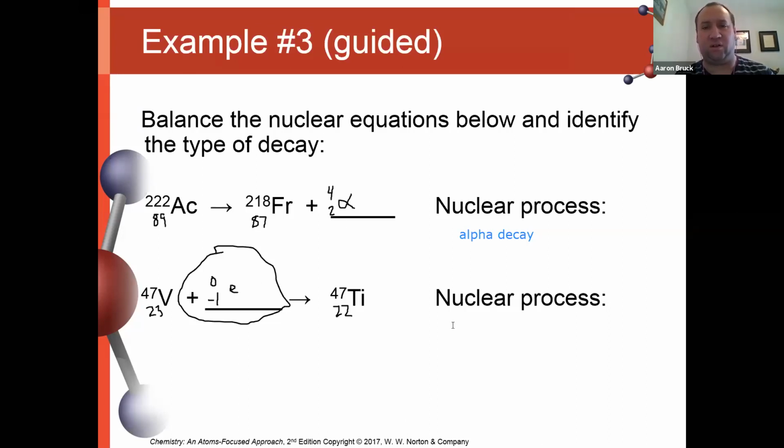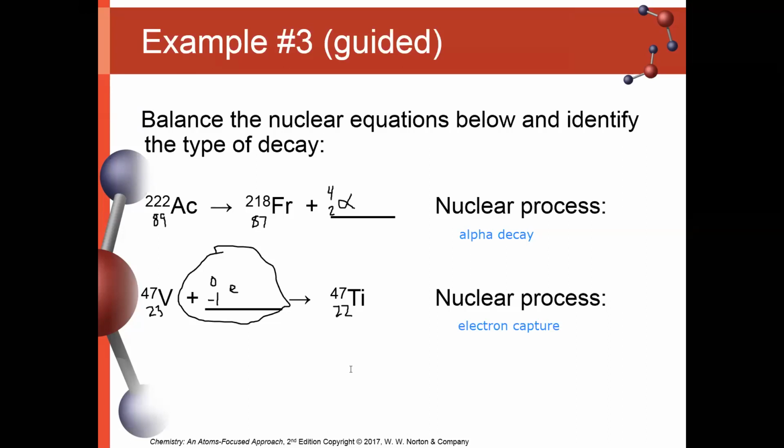So this is your electron capture. Yeah, so it's really important. You can't jump to conclusions just because of what you think it might be. You've got to pay attention to the details sometimes.